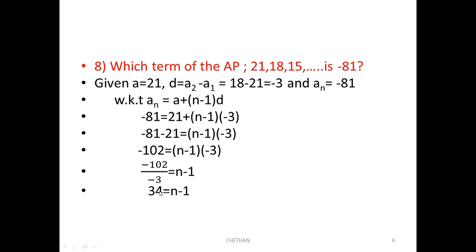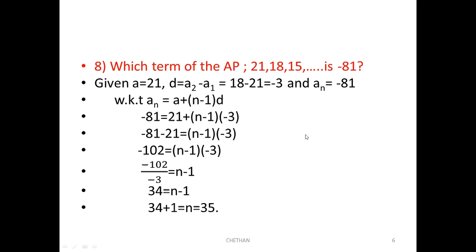So 102 by 3 becomes 34. Minus 1 taken to the left side becomes plus 1, so 34 plus 1 equals 35. That means in the given AP, the 35th term becomes minus 81.